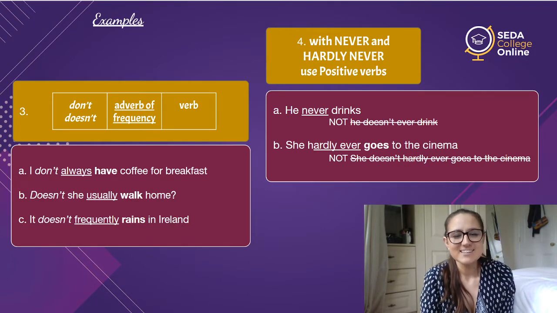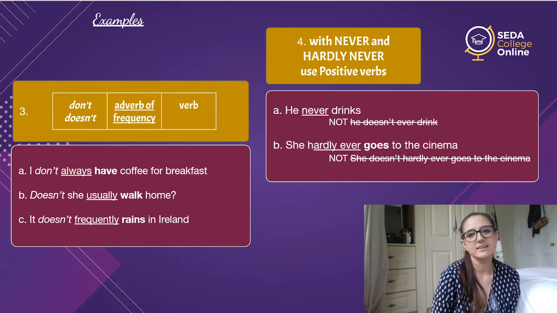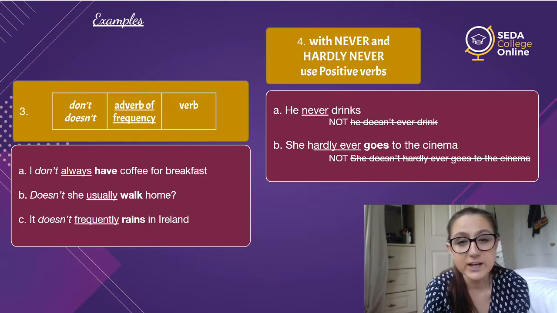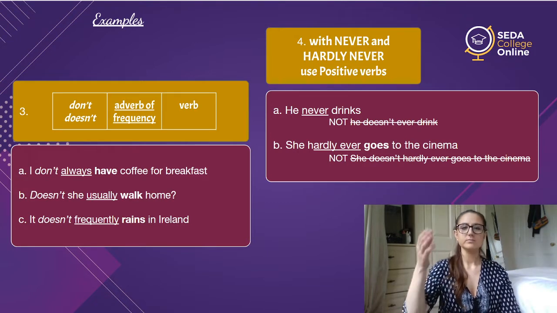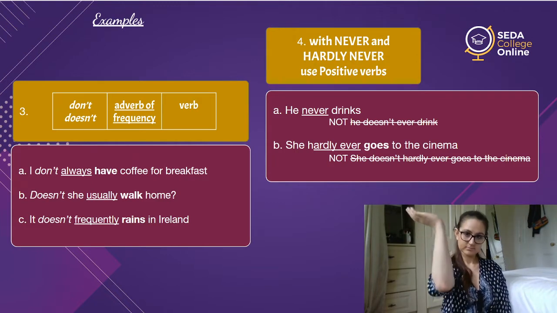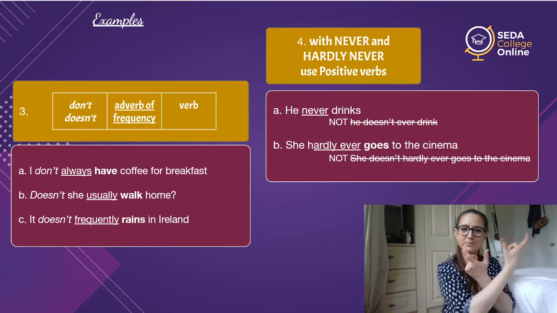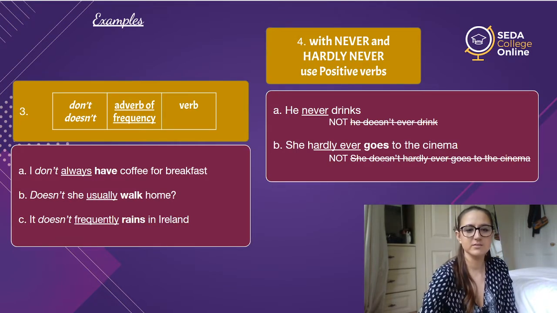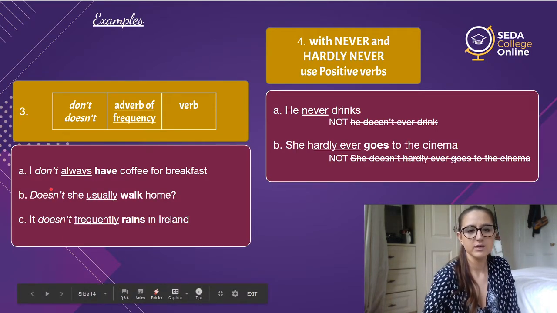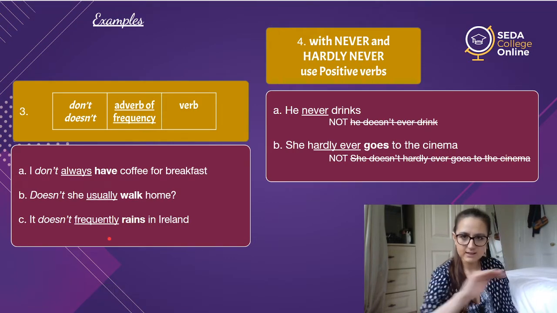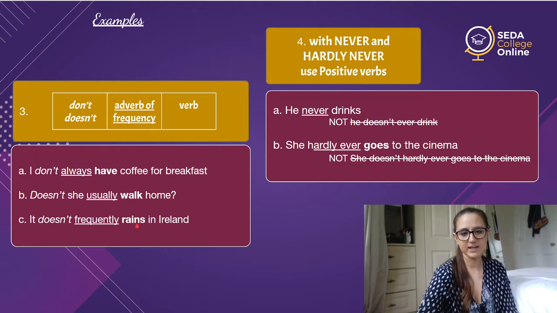C, it doesn't frequently rain in Ireland, which is a lie. It rains a lot in Ireland. So doesn't and don't are in italics, frequently is underlined, and rain, that's our verb, in bold.